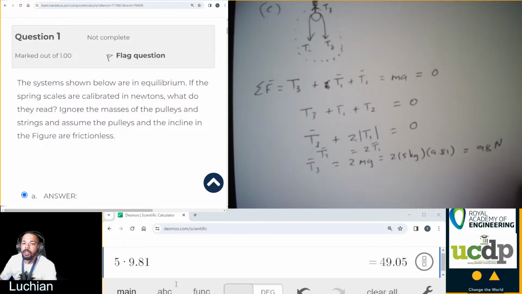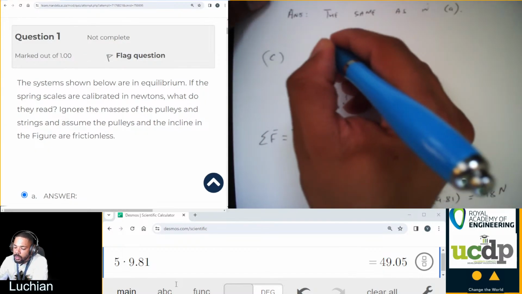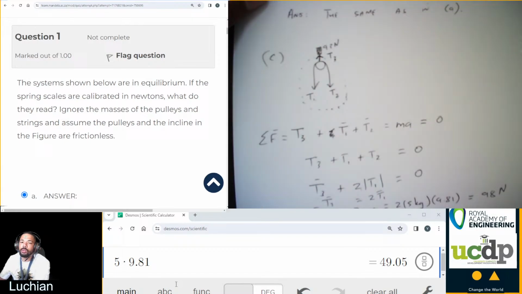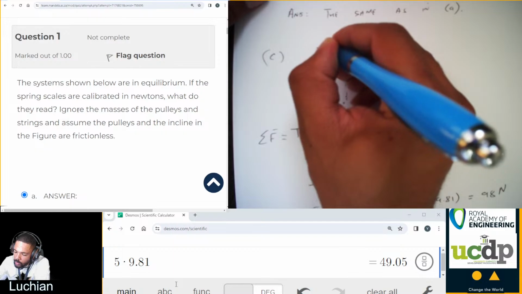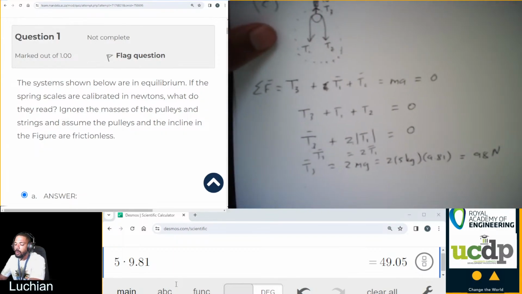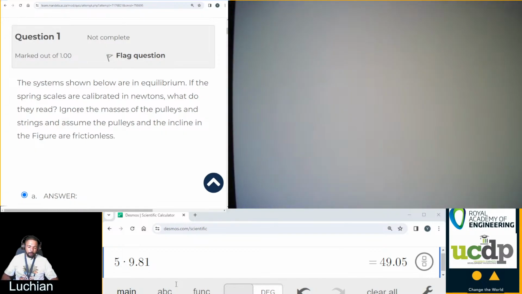So we have 98 newtons, that's T3, and that is the readout on the scale for the pulley system. Sorry, not 93, 98 newtons on that scale for T3. I mixed up and wanted to say T3 and then 98 and ended up saying 93.